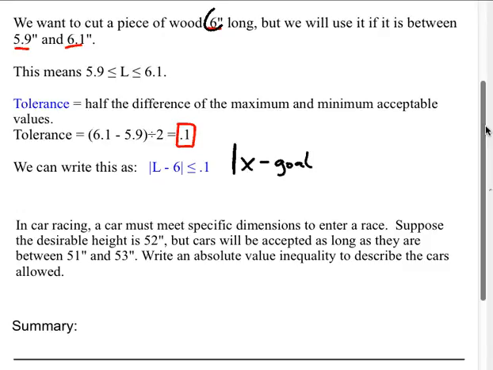Okay, so here our goal was 6, needs to be less than or equal to the tolerance. Okay, that's basically the structure for absolute value word problems. Okay, x minus whatever your goal is should be less than or equal to whatever your tolerance is set at.